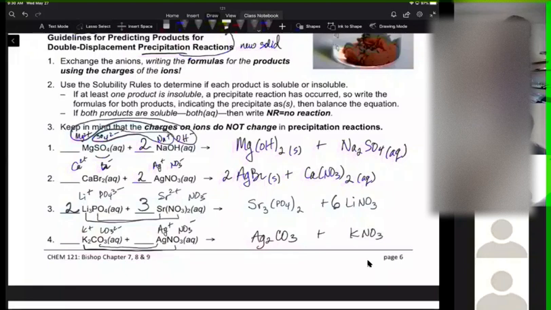Oh, I forgot to do my designations. Here we go. Okay, so you have to have those neutral compounds first, and that tells us what the subscripts have to be.